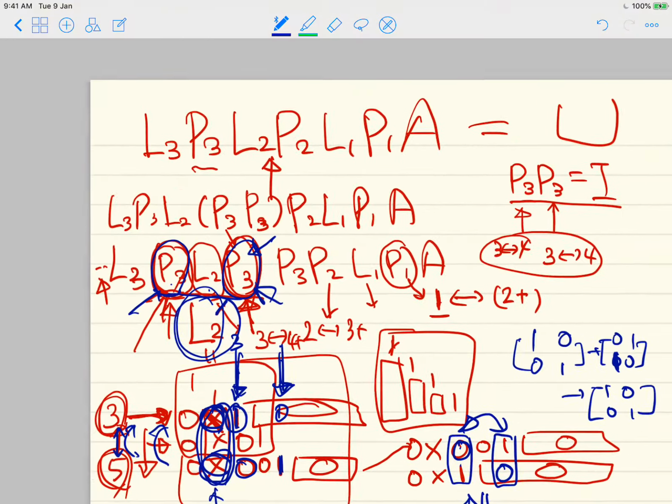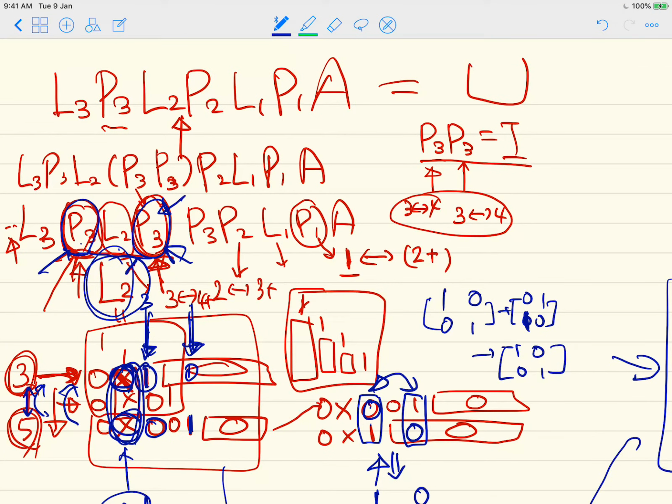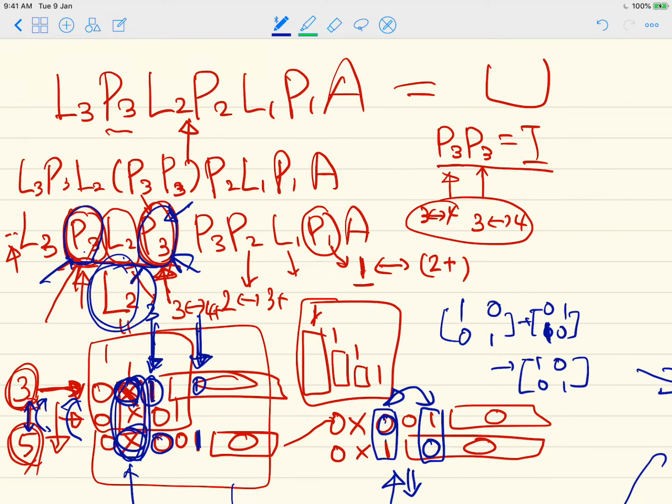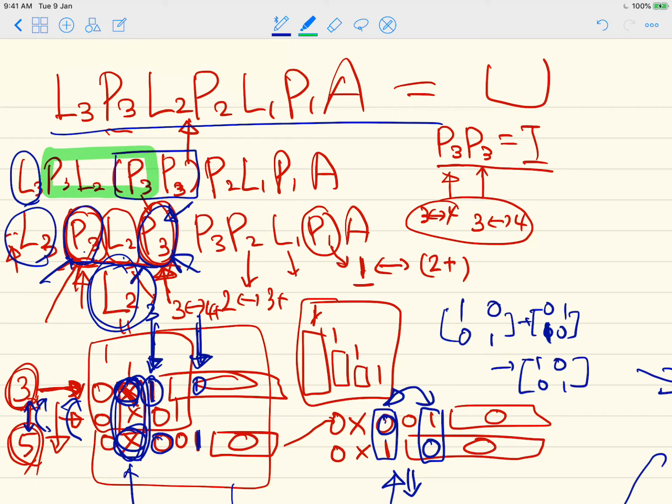Okay, so why do we do this process? We wanted to move our P's to the right, right? So here, we initially started from here, and then we introduced P3 squared, or P3 times P3, which is still an identity matrix, and then L3, and then we now think of this part, P3, L2 and P3, and that is considered as the new L2 prime, right?